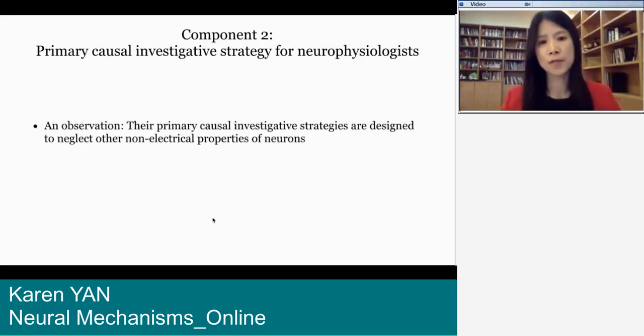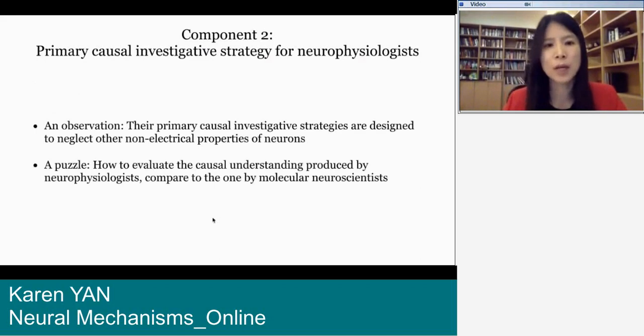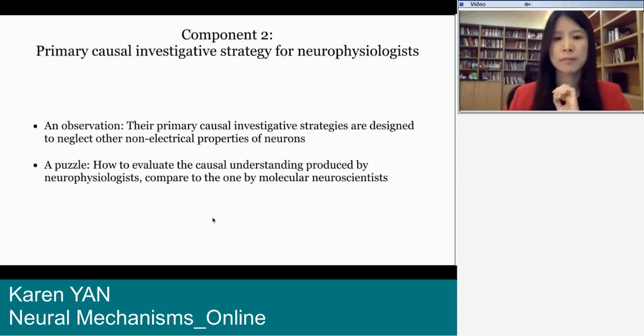So here I want to make an observation that their primary causal investigative strategy is actually designed to neglect other non-electrical properties of neurons, for example, chemical or genetic properties. And here, the puzzle I want to raise is that for the neurophysiological understanding they produce, as philosophers, how do we evaluate this type of causal understanding produced by neurophysiology compared to the one by molecular neuroscientists, which has been analyzed extensively by other philosophers of neuroscience?